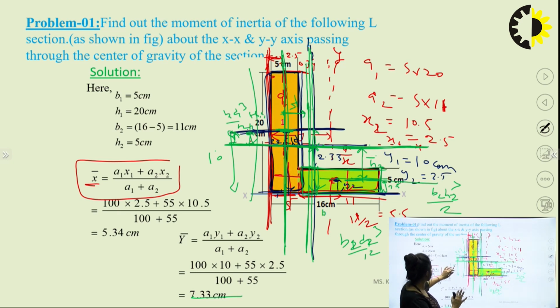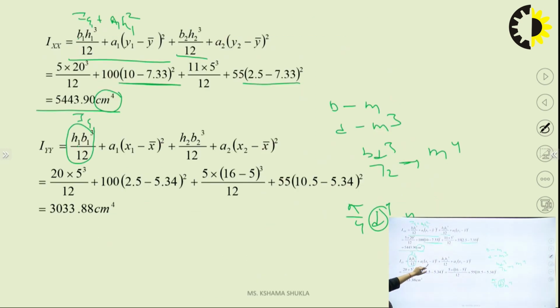The total value is 5.34, so I'll just subtract 2.5 and I can easily find the value. So our first value is simply 5.34 minus 2.5. Understand? Put all these values and find the value of IYY1. Now I need to find IYY2.